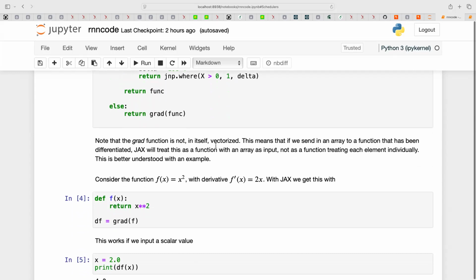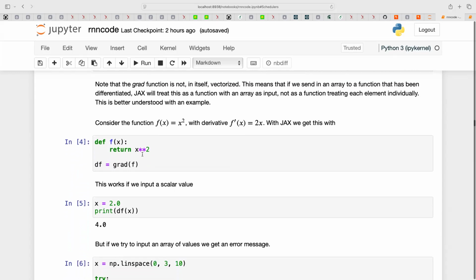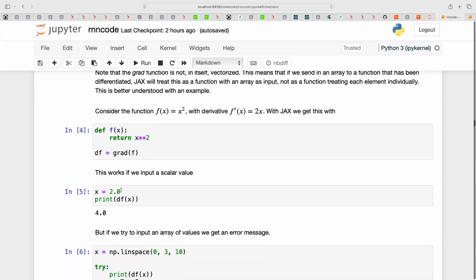This is a small drawback with JAX. If you send an array to a function that has been differentiated, JAX will treat this as a function with an array as input, not as a function treating each element individually. You can see that with this example: if you have f of x equal to x squared, then the gradient returns 2 times x, and with x equal to 2, that means 4. So that gives the correct value.